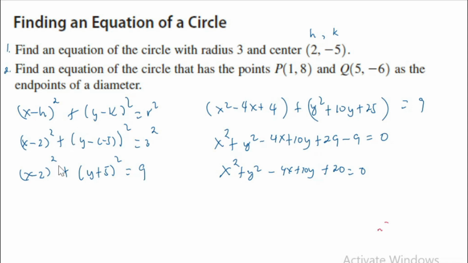Okay, for number 2, we are asked to find an equation of the circle that has the points P and Q as the endpoints of the diameter. Analyzing this problem, since we have PQ as the diameter, we can solve for the center by using the midpoint of the diameter PQ.